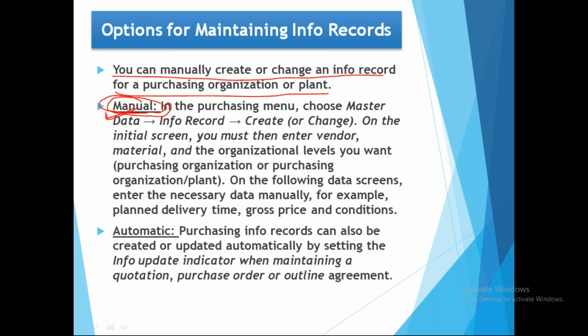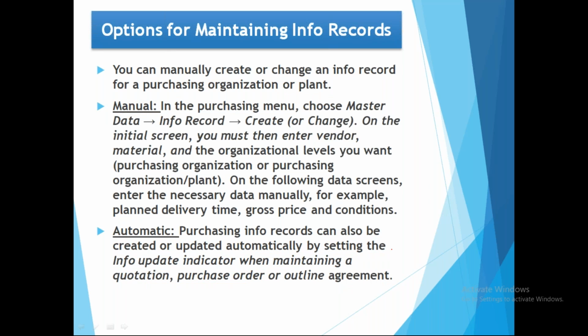That is the manual method. One more thing, you can create purchase info records automatically also. Purchase info records can be created or updated automatically by setting the info update indicator when maintaining a quotation, purchase order or outline agreement.